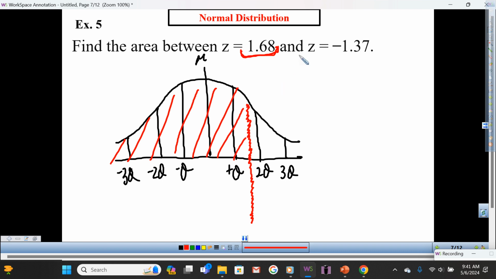However, they want everything between that one and negative 1.37. Negative 1.37 is negative 1 and 1/3, about right here. So between means from here to here.